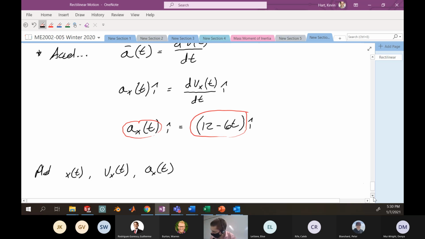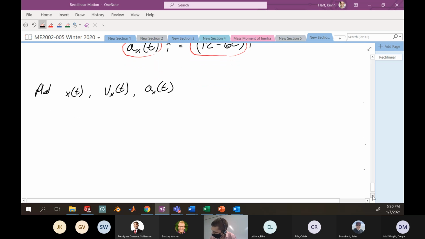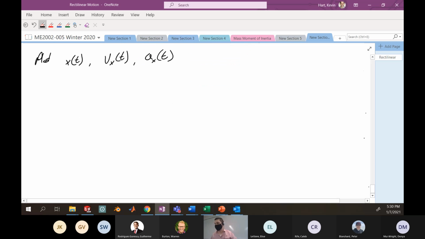I'm going to try my best to put them all on the same time axis. So give yourself some space here and we'll make some plots.